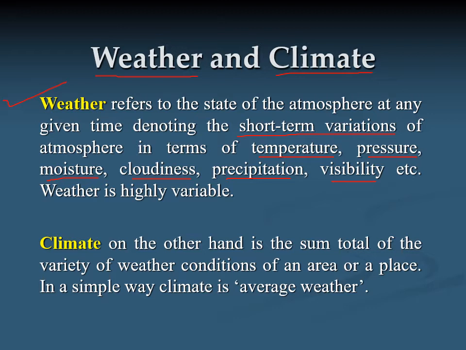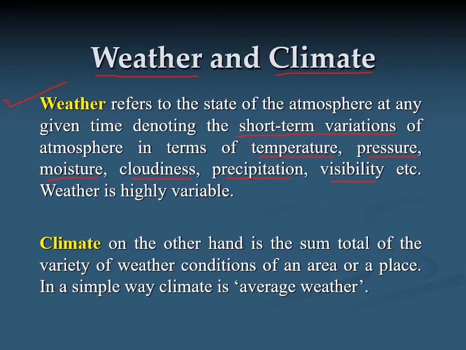So when we depict the climatic condition of an area, we are dealing with a much larger time span. Say for example, we are saying weather in terms of days, weeks, months, in terms of seasons. It is the rainy season, dry season, wet season.